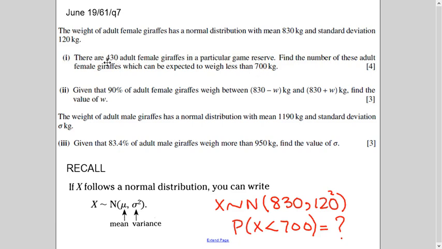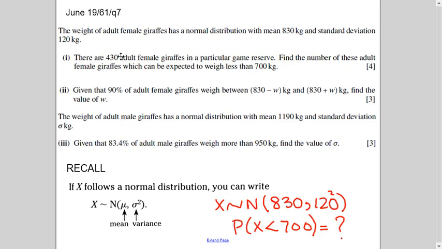So total are 430 in the game reserve, whatever it is, and you have to find the expected number of females that have weight less than 700. Before I start doing anything, we will find the probability of a giraffe having weight less than 700 kg.